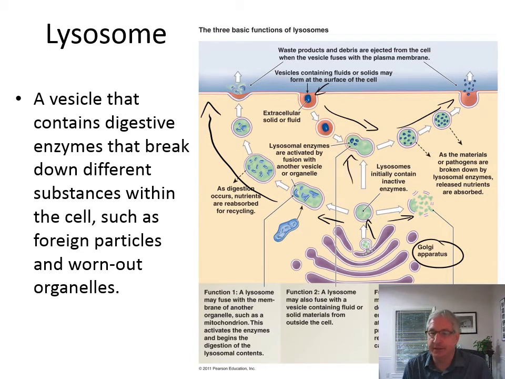Let's say a lysosome doesn't have anything in it to break down these cells. So the Golgi apparatus has made some enzymes that fuse with the lysosome here to be able to break stuff down. Okay, so what I want to point out is there's a lot of complicated things that go on in here. So all we got to do is know that there are organelles and they have all these different functions. Okay, all right, next slide.